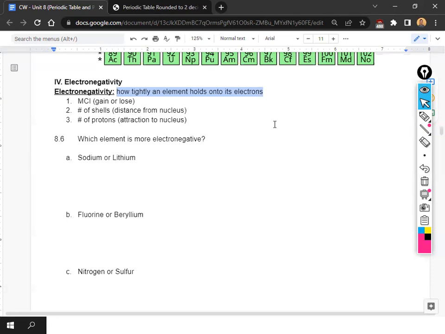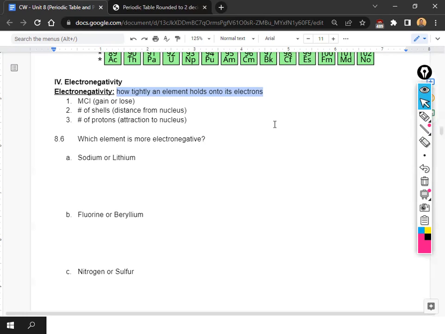Now, there are 3 factors that you want to look at, and they go in order of importance. The most important thing is, what is the most common ion? Does it want to gain or lose? Because if it wants to gain an electron, it's going to be very difficult to take an electron from it, when it's trying to gain more. Whereas if it wants to lose an electron, it's probably pretty easy to steal from it.